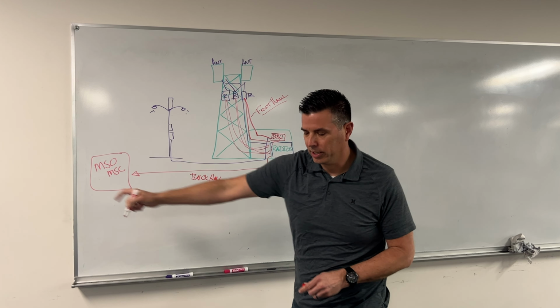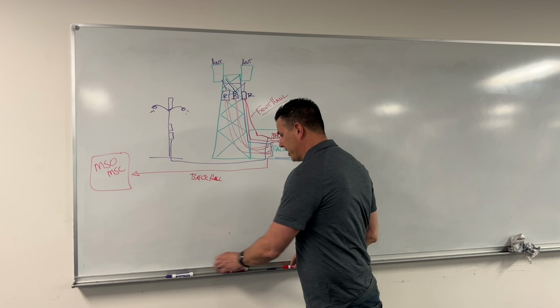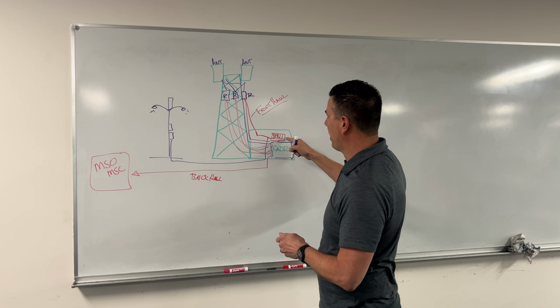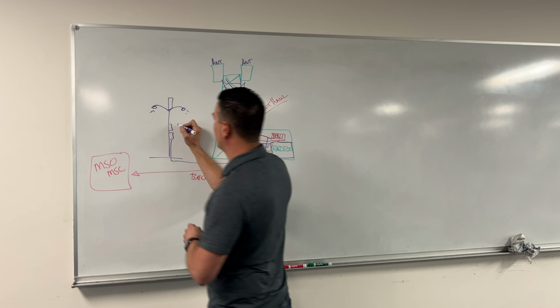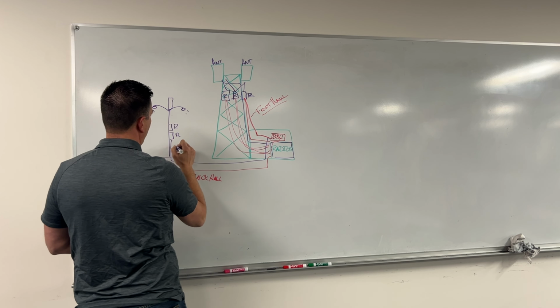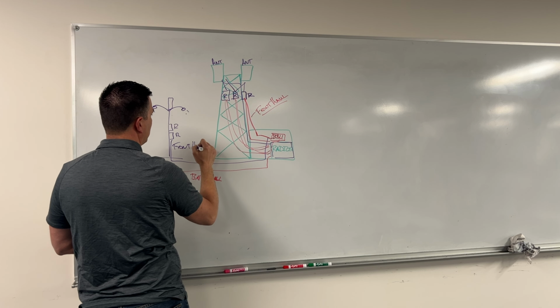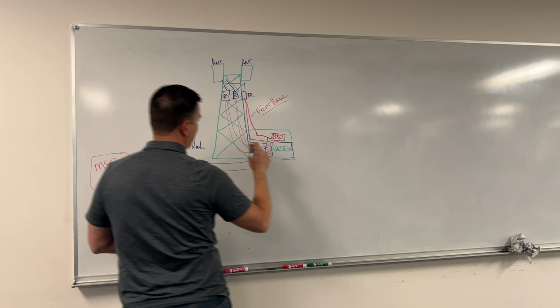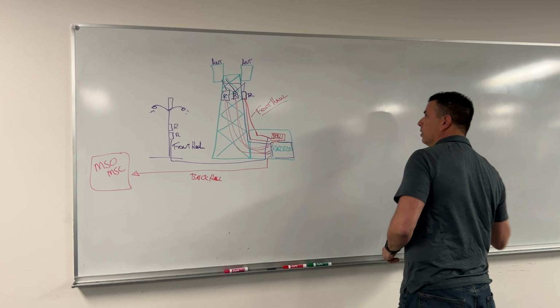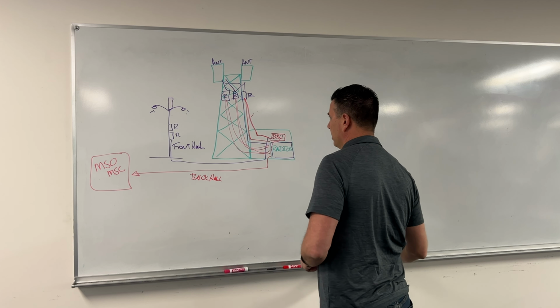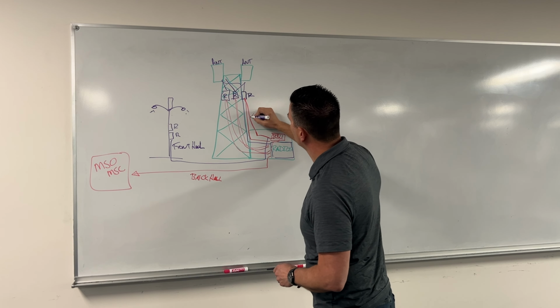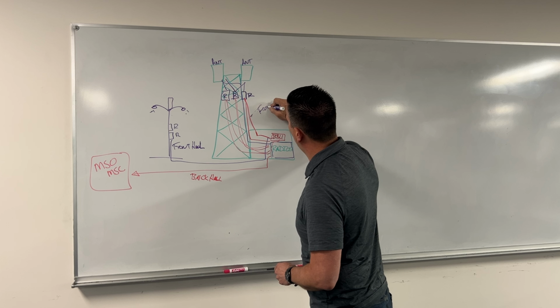That's your backhaul link. And anything that connects from the baseband unit to these radios, that is your front haul, H-A-U-L. And then let me make this purple to help. Oops. That is your front haul.